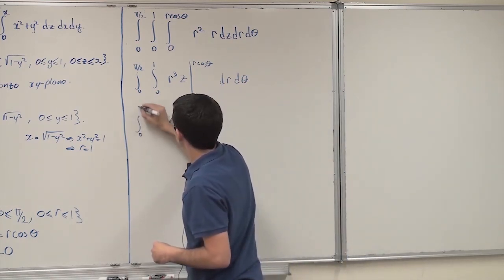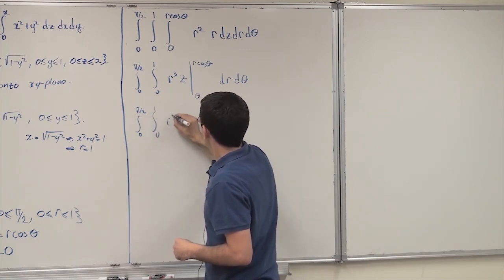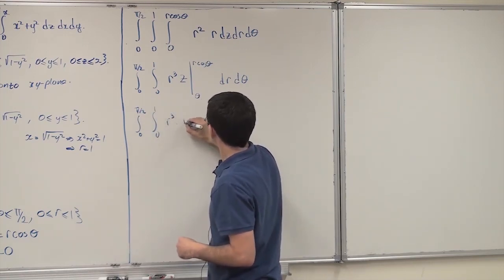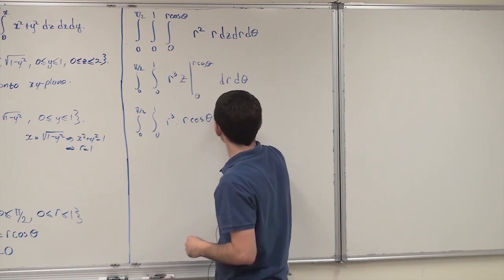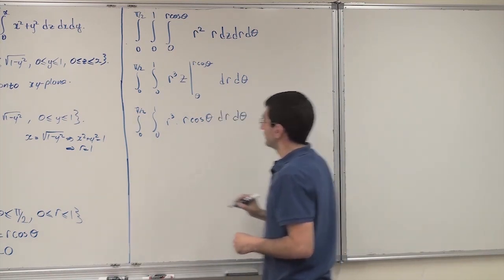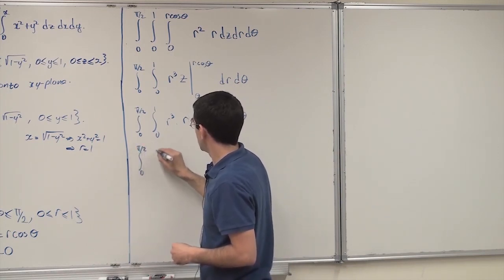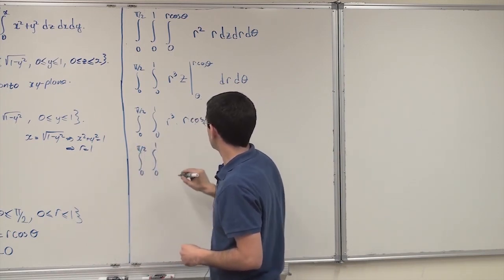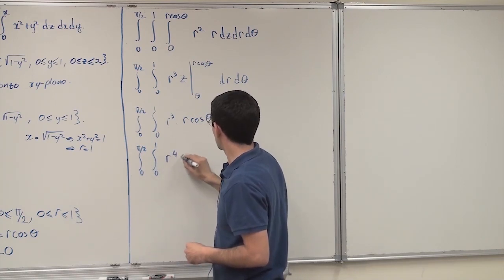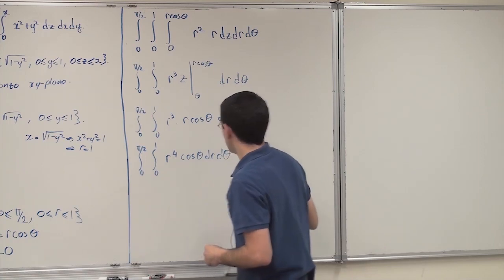So this here gives us r cubed times r cosine theta. Let me rewrite this one more time: 0 to pi over 2, then 0 to 1, r to the power 4 cosine theta dr d theta.